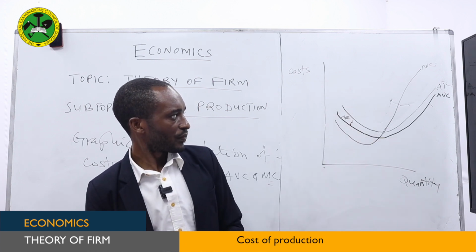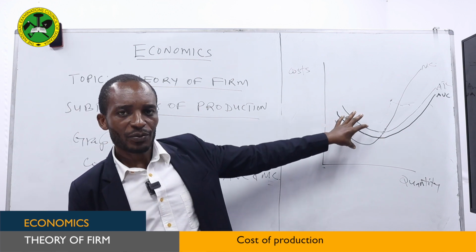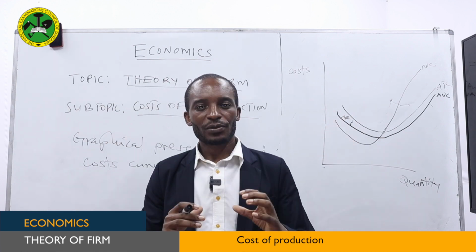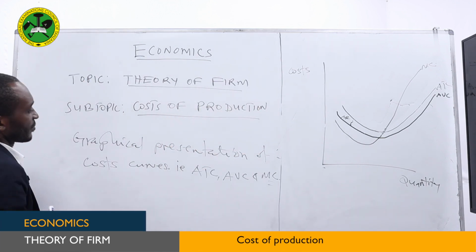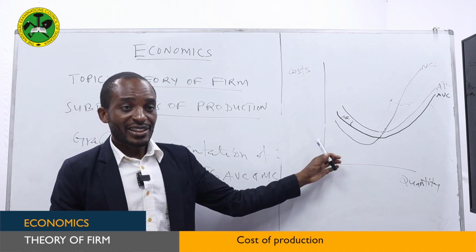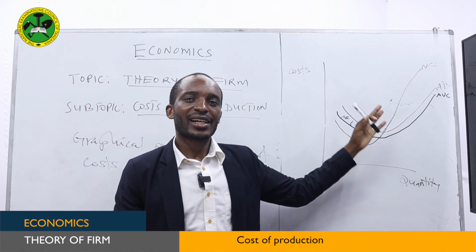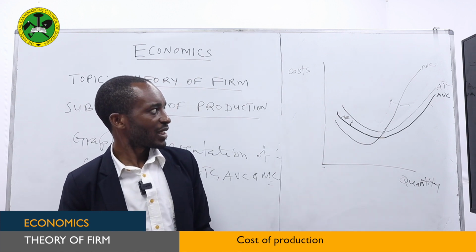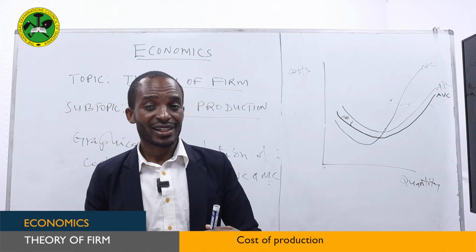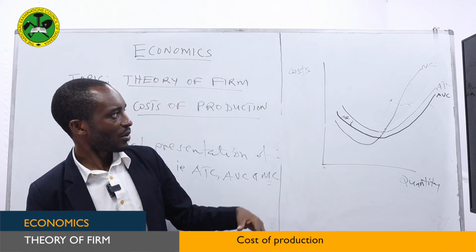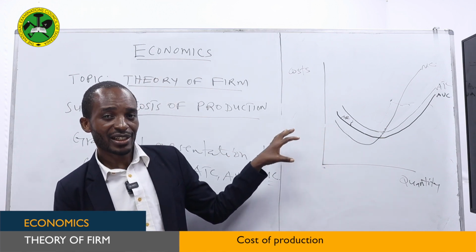Now, after discussing the cost of production, let us now discuss the production curves. Since firms are dealing in producing goods and services, we need to know the behavior of the cost and the behavior of the output. Now let us see how the production curves look like.